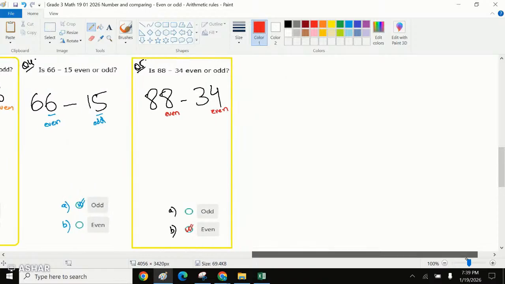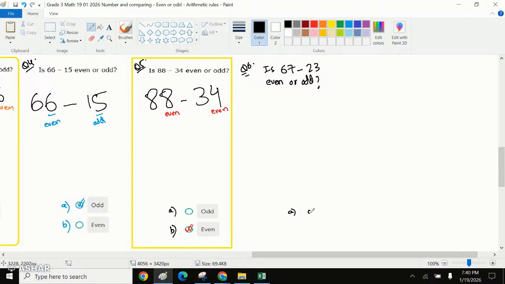For question number 6, we have 67 minus 23, even or odd? Just doing this question to relate to question number 5. What I wrote was 67 minus 23.